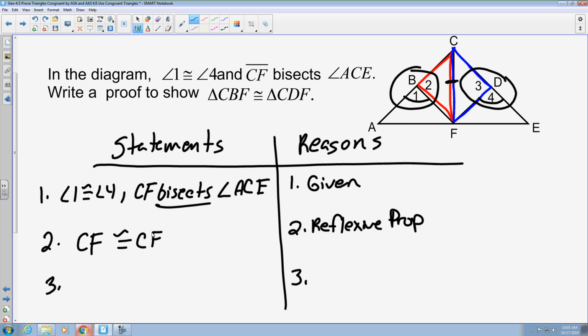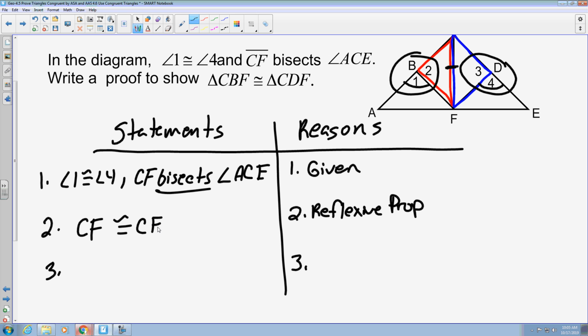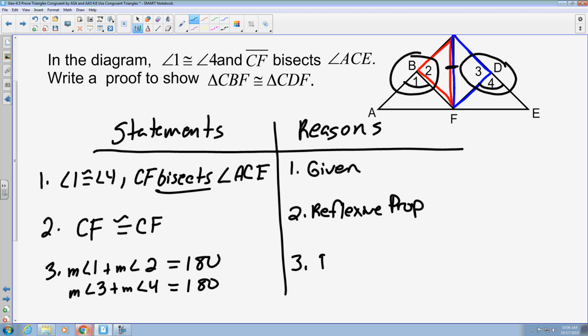So I'm going to say that the measurement of angle 1 plus the measurement of angle 2 will equal 180 degrees. We also know that the measurement of angle 3 plus the measurement of angle 4 is also going to equal 180 degrees by the definition of supplementary angles.